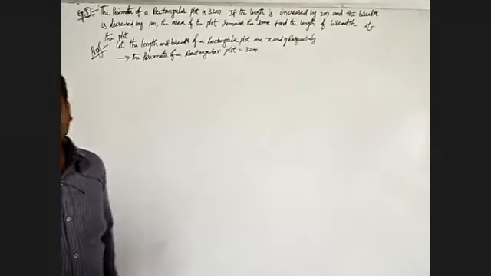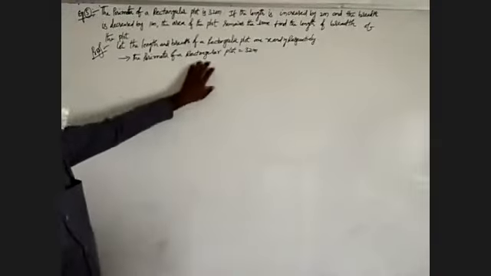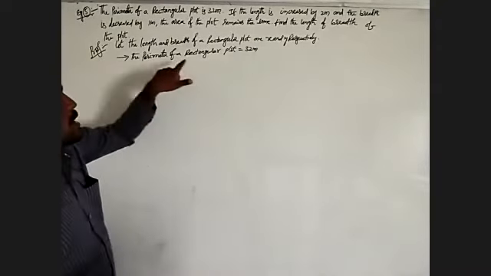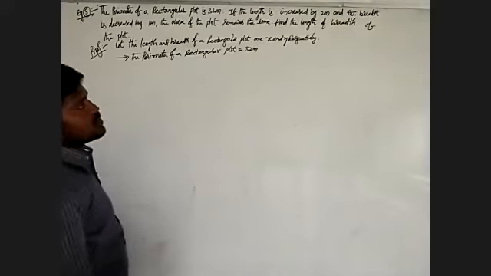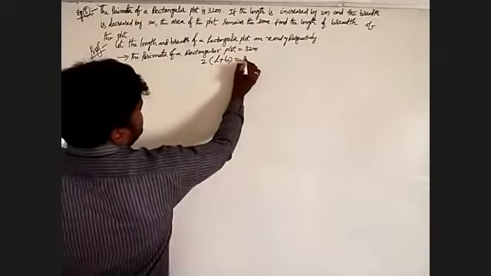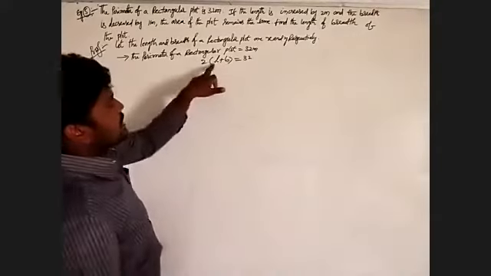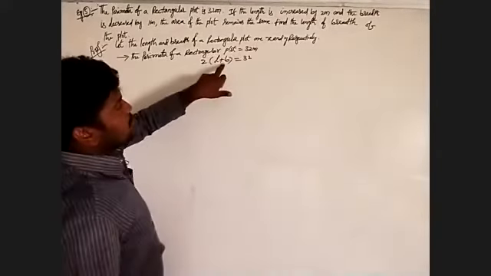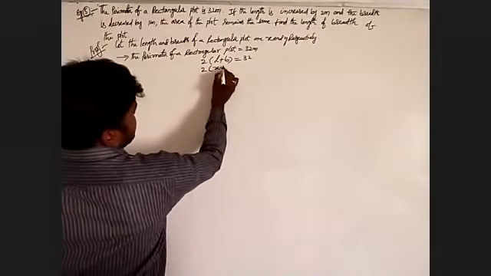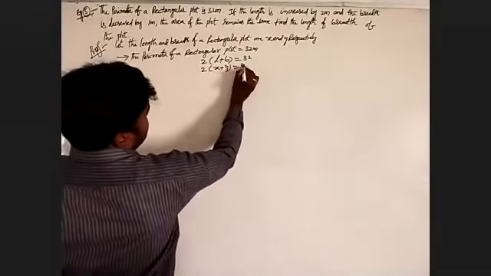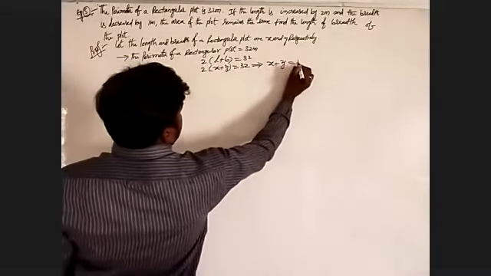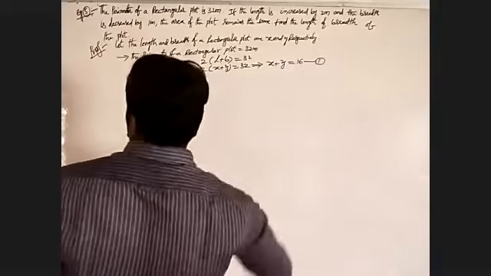Already we know one formula: perimeter of a rectangle is equal to 2 of L plus B. 2 of L plus B must be equal to 32, where L we take x and B we take y, that is 2 of x plus y must be equal to 32, then that implies x plus y is equal to 16. This is equation number 1.